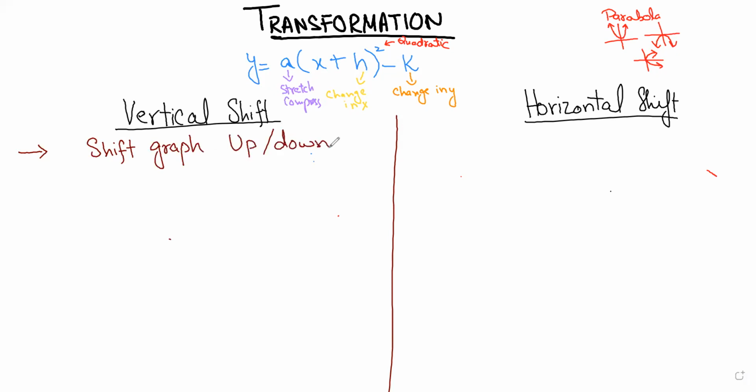I can't shift my graph right, left, or any other way rather than up and down because I am bound to this condition. So in vertical shift, my graph is going to go up or down. Now, think about the situation in which my graph can go up or down.